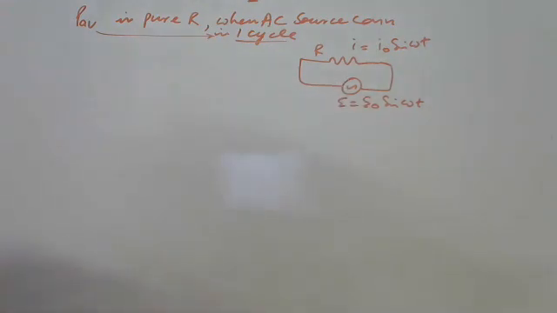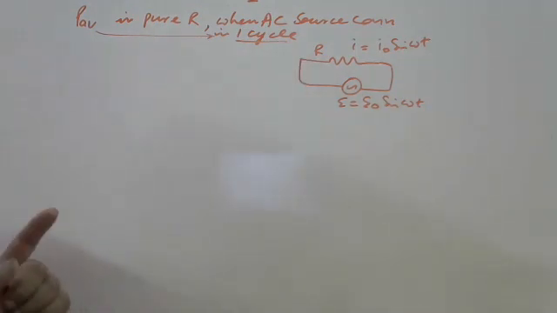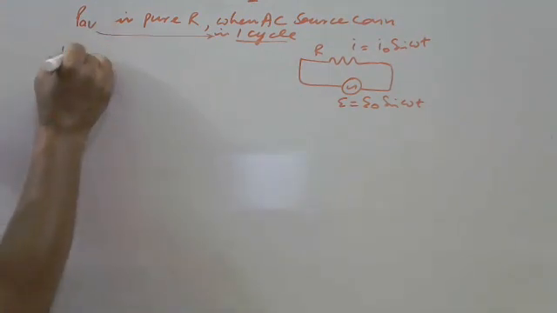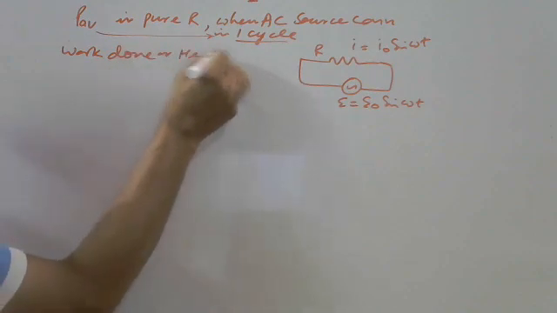This we have seen. Now, the work done or energy associated with the resistance. Here resistance is there, so you can also say this is the heat dissipation. Dissipation means heat loss. So either you say work done or heat dissipation.